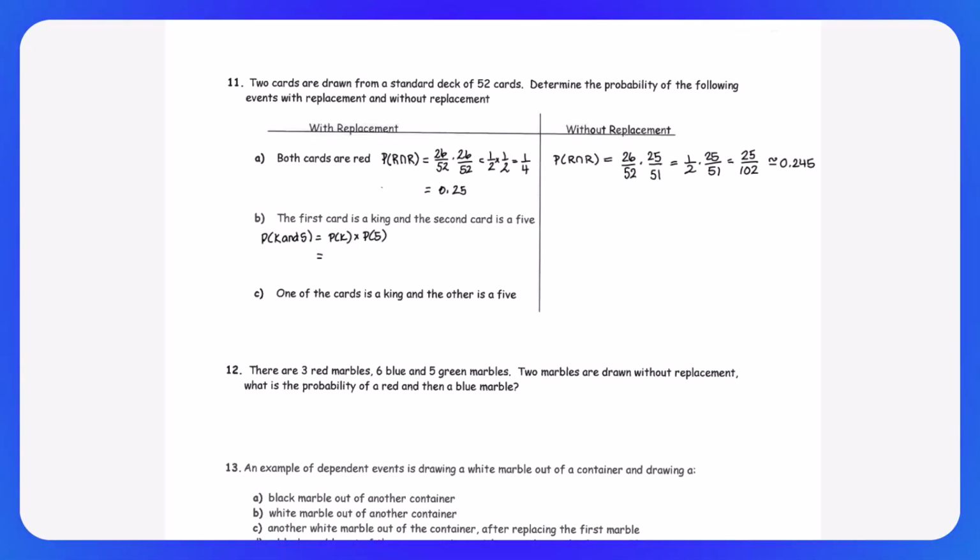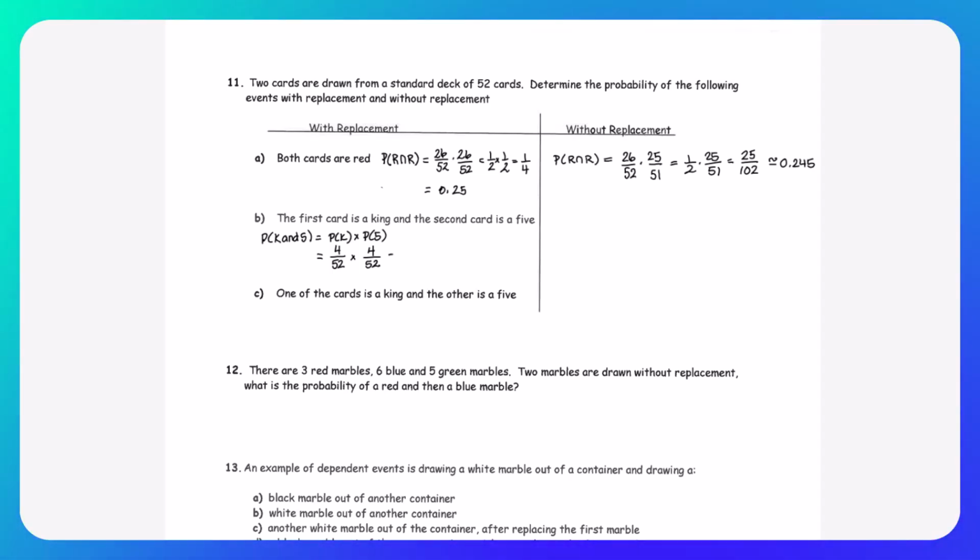Well, the probability of the king is, there's 4 kings in a deck, so there's 4 over 52. We've replaced the card. So there is still, when we go to choose a 5, there's still 52 cards left, and there are 4 5s, one for each suit. So now we have 4 over 52.